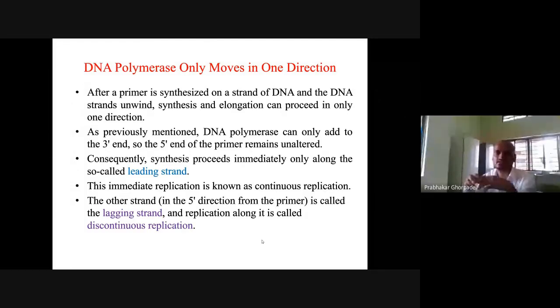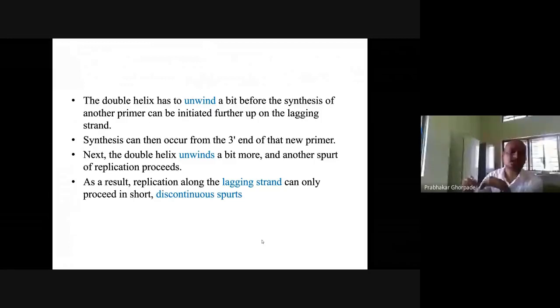Okay, so we have seen that the leading strand is what we call the continuous strand, and the lagging strand is the one in which the replication happens in the 5' direction of the primer. That is the lagging strand, and this replication process is discontinuous. We have to make many fragments, Okazaki fragments, in this process.